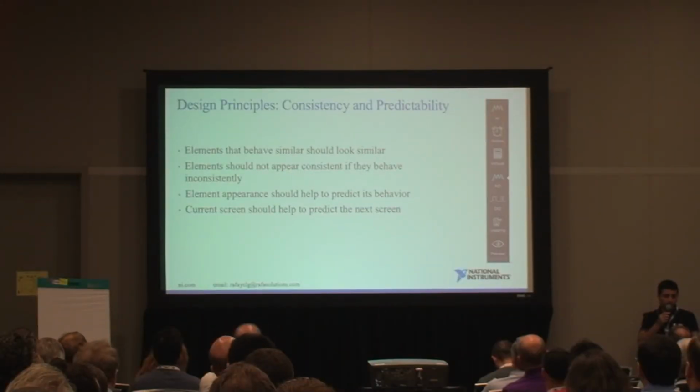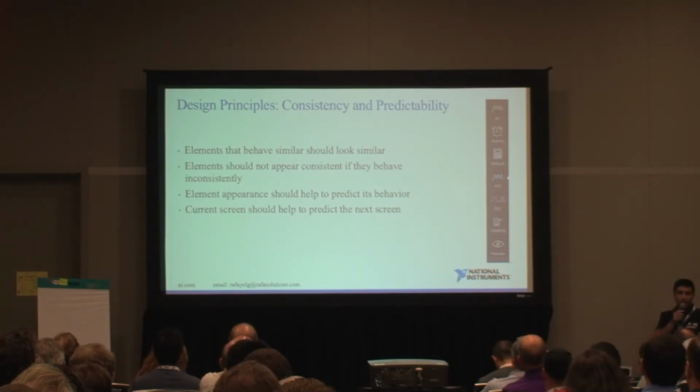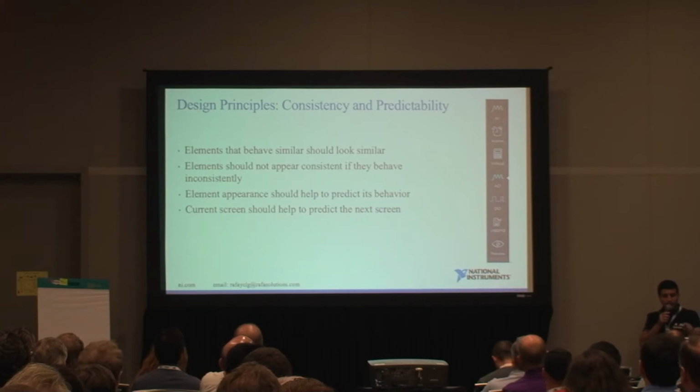For example, here in the right corner you can see a ribbon, taken from one of our applications where we have different sub panels or tabs, and the buttons need to look similar.